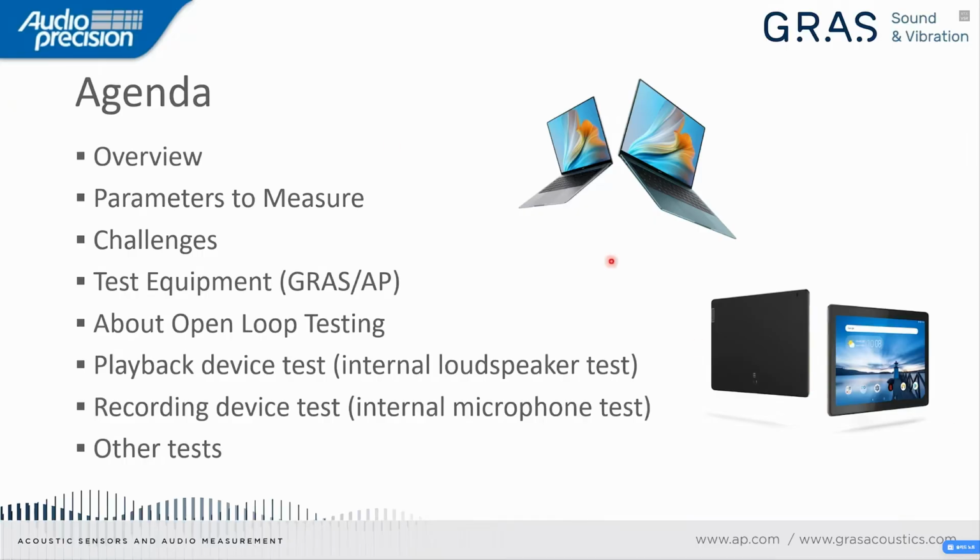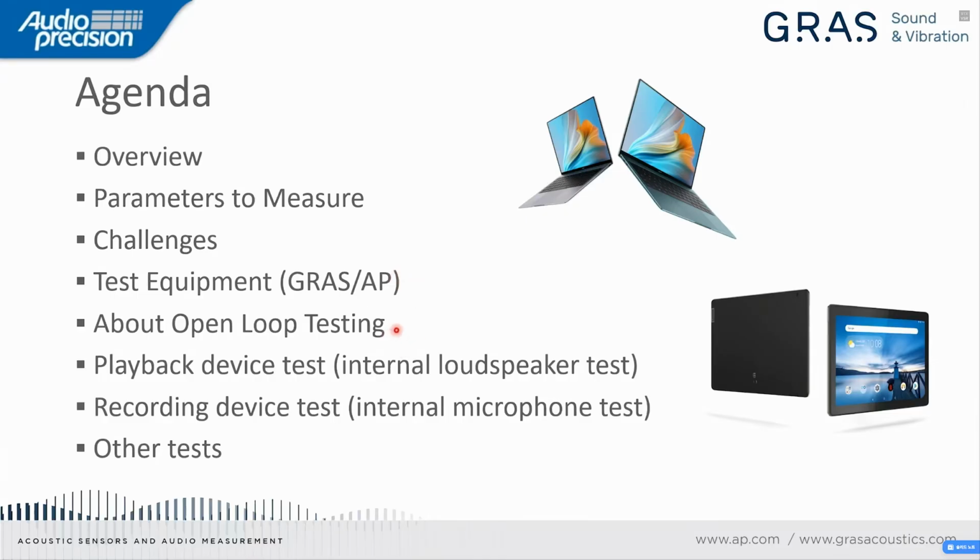So today, first of all, we'll have an overview of the topic and why it's important to perform these tests. We will take a look at the parameters we'll need to measure and the challenges related to the testing. I will show you some Grass and Audio Precision equipment that is typically used for this application.